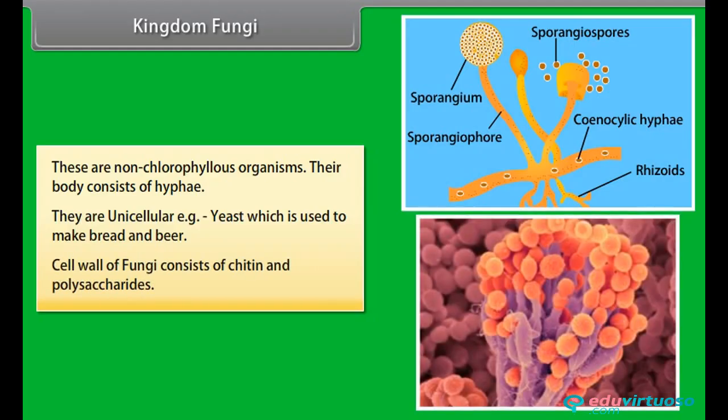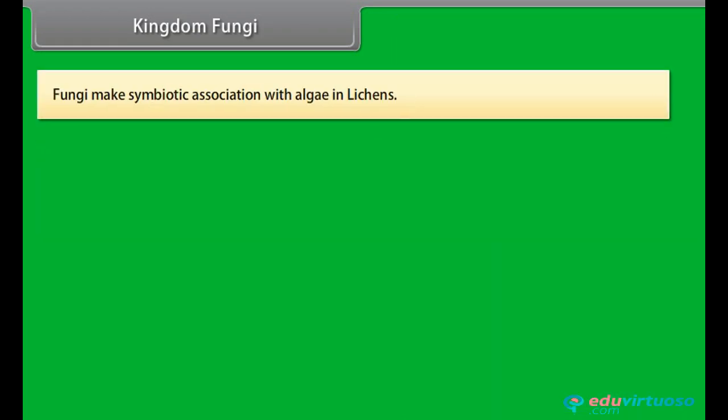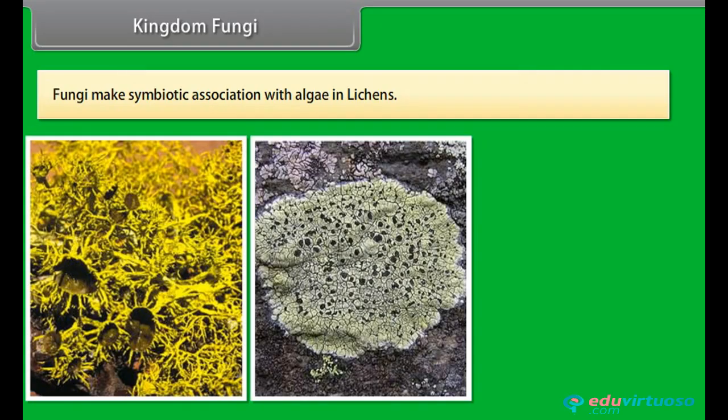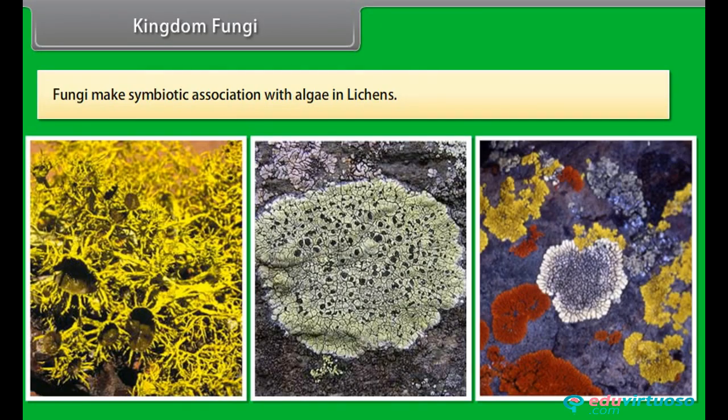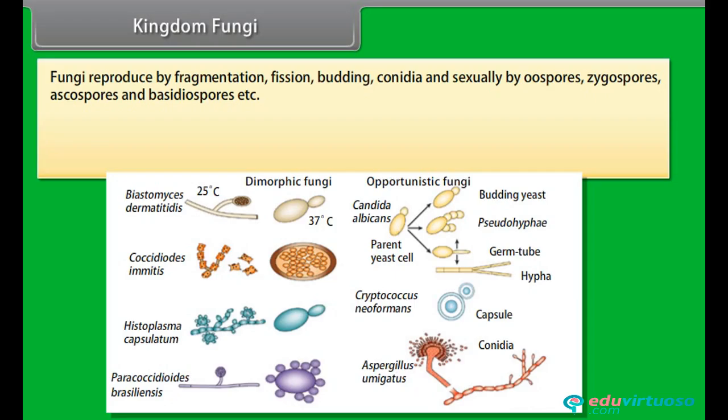The cell wall of fungi consists of chitin and polysaccharides. Fungi make symbiotic associations with algae in lichens. Fungi reproduce by fragmentation, fission, budding, conidia, and sexually by oospores, zygospores, ascospores, and basidiospores, etc.